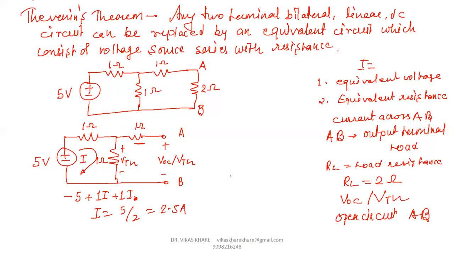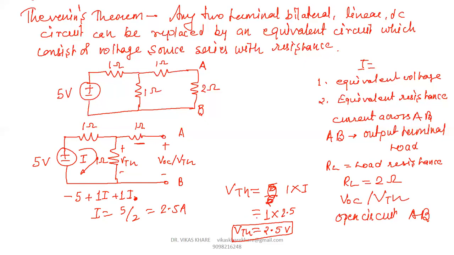So VTH is equal to 1 ohm into I. The value of I is 2.5 ampere, so 1 into 2.5 is equal to 2.5 volt. This is the value of equivalent voltage, or Thevenin's voltage.